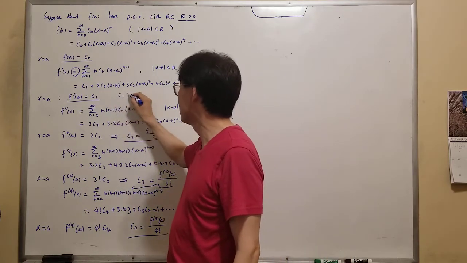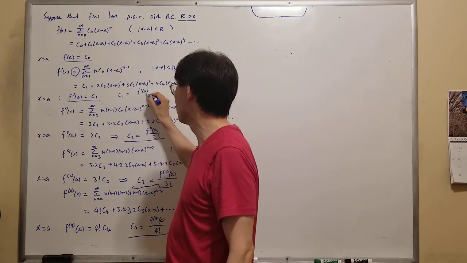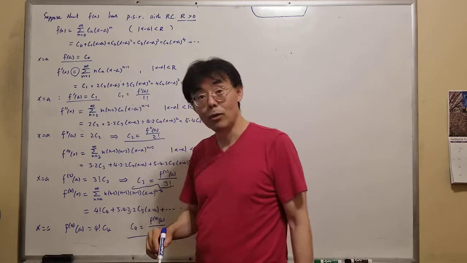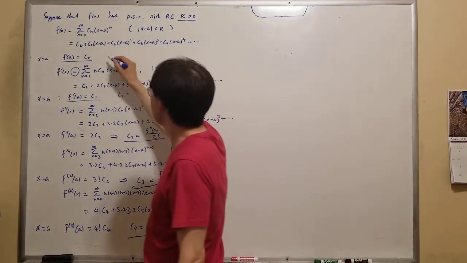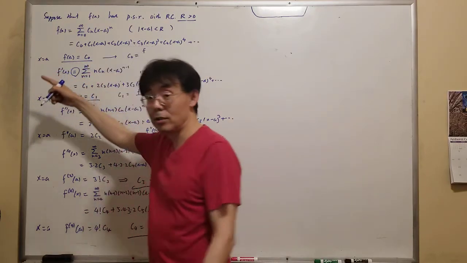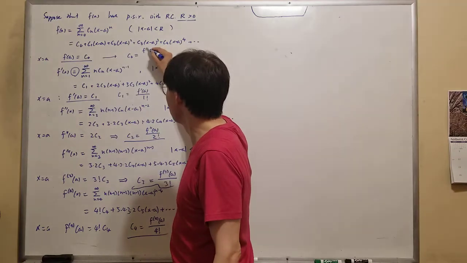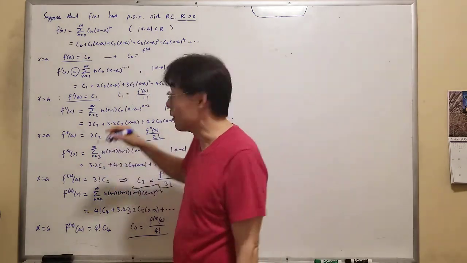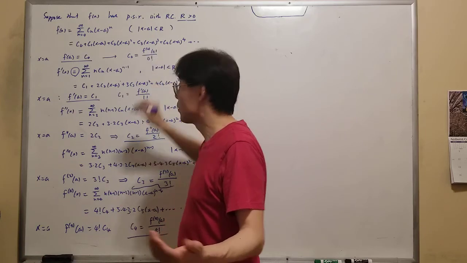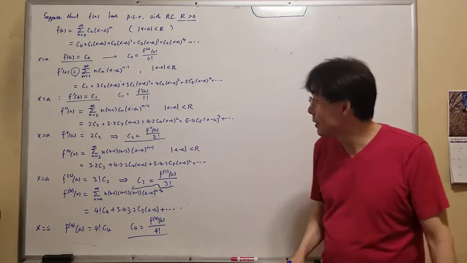You can write c1 also as the first order derivative at a over 1 factorial, where 1 factorial is 1. You can write c0 as the original function, since sometimes we use the 0th order derivative to mean the function itself. 0 factorial is also defined to be 1.